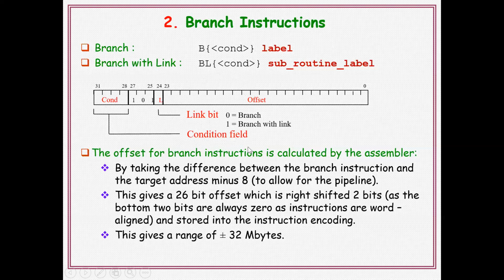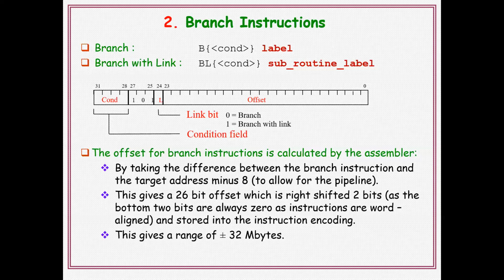The offset for a branch instruction is calculated by the assembler. First, by taking the difference between the branch instruction and the target address, minus 8. This is to allow for the pipelining.